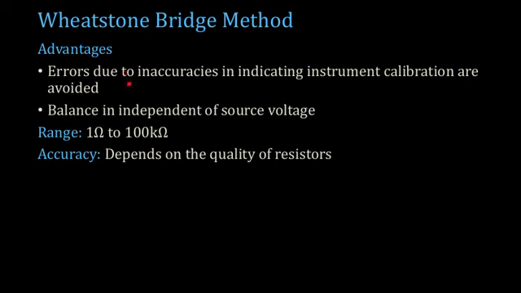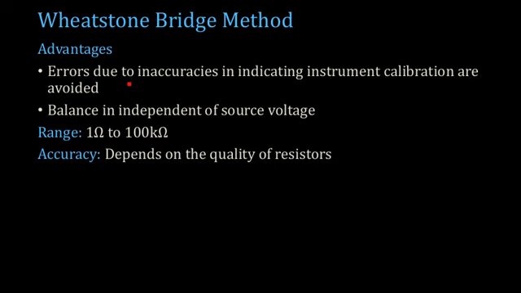Now, regarding the error due to inaccuracies in the indicating instruments: here you are not using any ammeter or voltmeter to show any values. You are just using the galvanometer as a null element for identifying the zero value. So such errors due to the inaccuracies in indicating instruments can be eliminated.